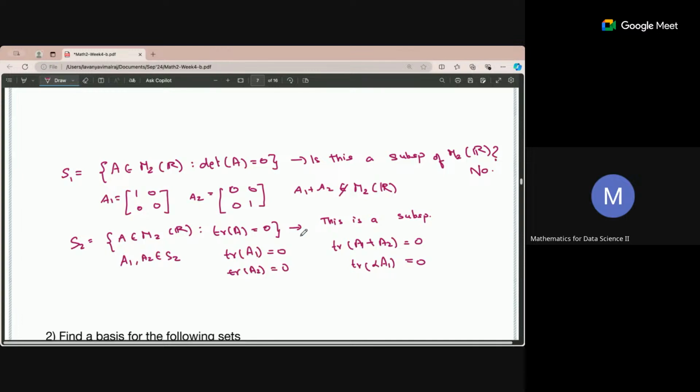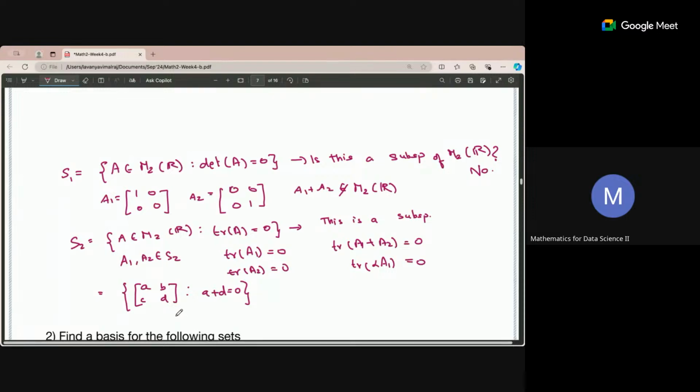Okay. So now if this is a subspace, can you tell me the dimension? See, first of all, whenever you are given a question, you are doing math, so try to write down whatever is given explicitly. You have matrices A, B, C, D, where A plus D is 0.